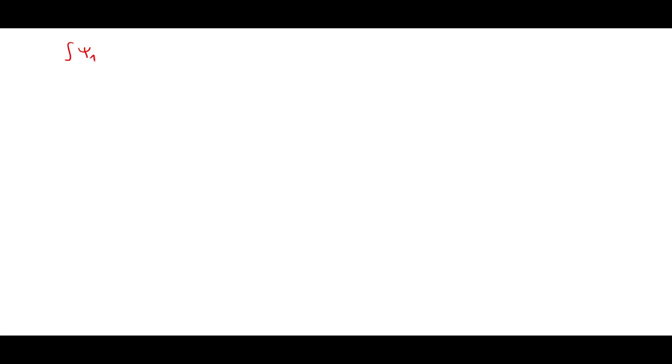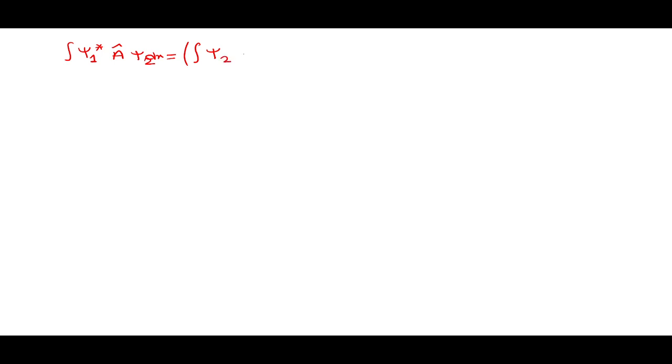Okay, phi 1 star or dagger, you can say, A cap phi 2. So this should be equal to, sorry, this will be dx or something, that will be ds here.